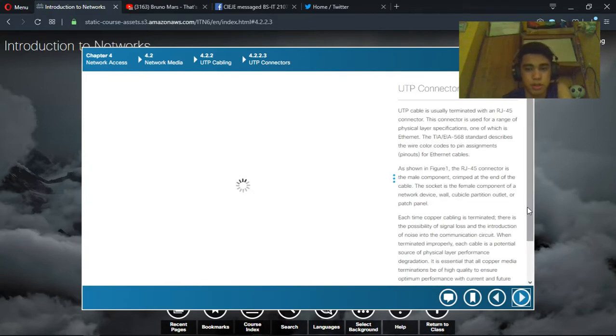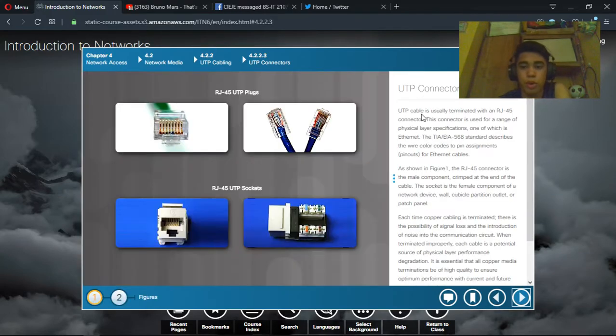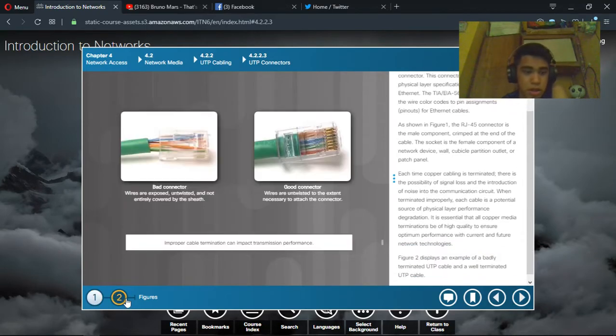Next, UTP connectors. UTP is usually terminated with an RJ45. This is an RJ45 UTP connector, and this is an RJ45 socket. A bad connector is when the wires are exposed and untwisted, and not entirely covered by the jacket.